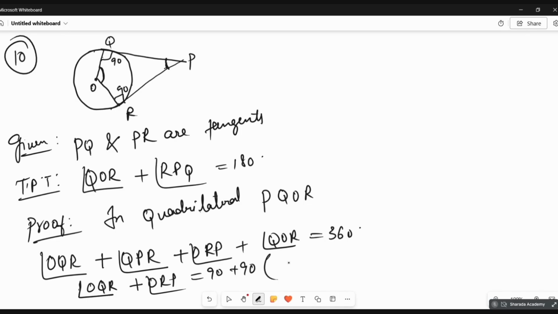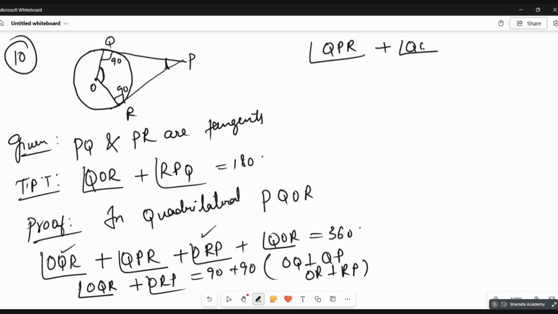Why? Because OQ is perpendicular to QP, OR is perpendicular to RP. The reason you can write is that the tangent and radius at the point of contact make 90 degrees. Now, this is 90 and this is also 90 degrees. So, what you will get? QPR plus QOR is equal to 360 minus 180. That is QPR plus QOR is equal to 180 degrees.